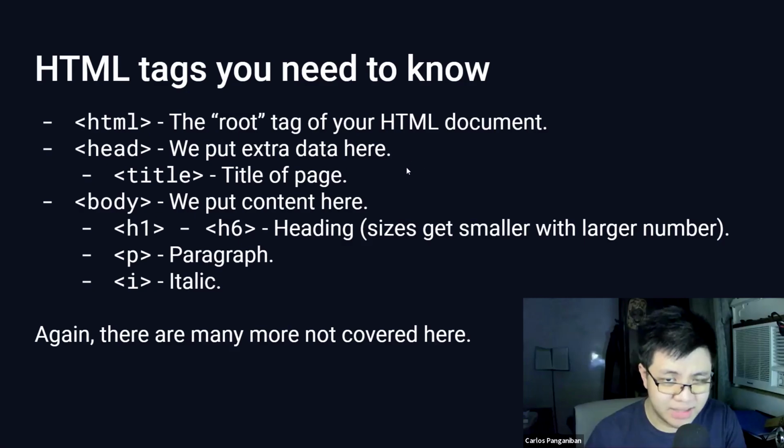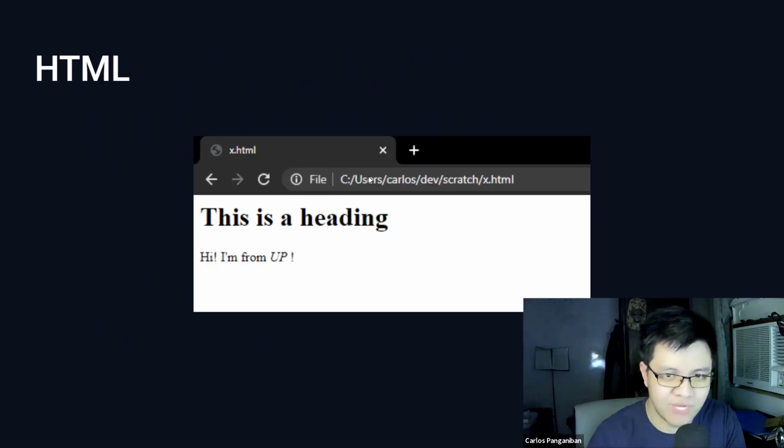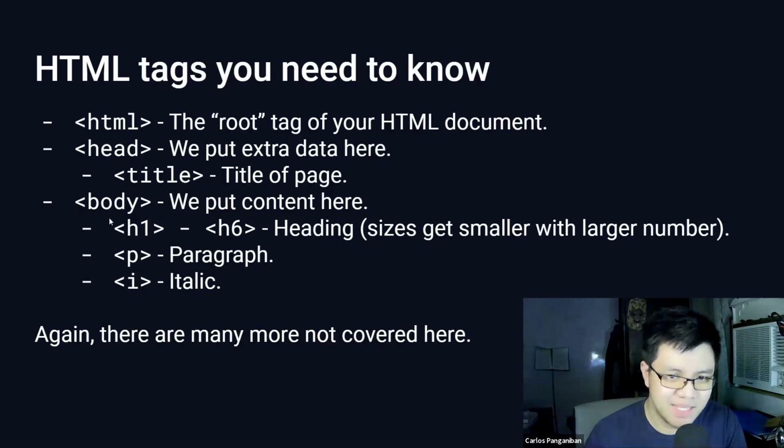Lalagyan natin dyan yung extra data. Yung lalagyan natin sa head, hindi lumilitaw sa HTML mismo kapag na-render ng browser natin. Isa sa mga pwede natin ilagay sa head is si title, and yun yung title ng page. Okay? Tapos si body, doon natin lalagay yung content, stuff like this.